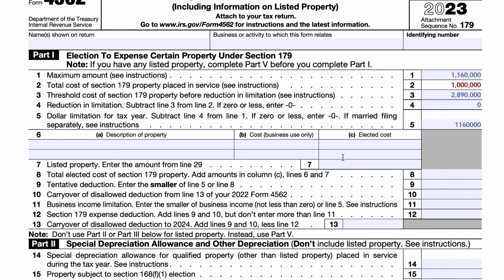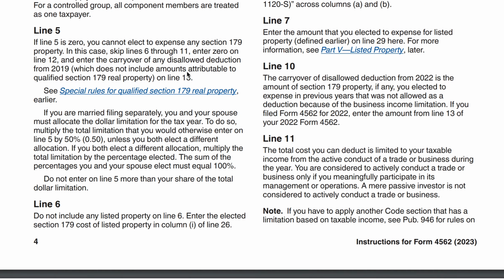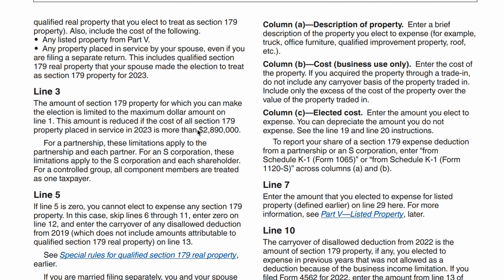Line 6 is specific property that you're going to state here with the description, the cost, and the elected cost. Looking in the form instructions, there's not a whole lot of information here. It says enter the elected Section 179 costs. Do not include any listed property on line 6. We'll talk about that momentarily.